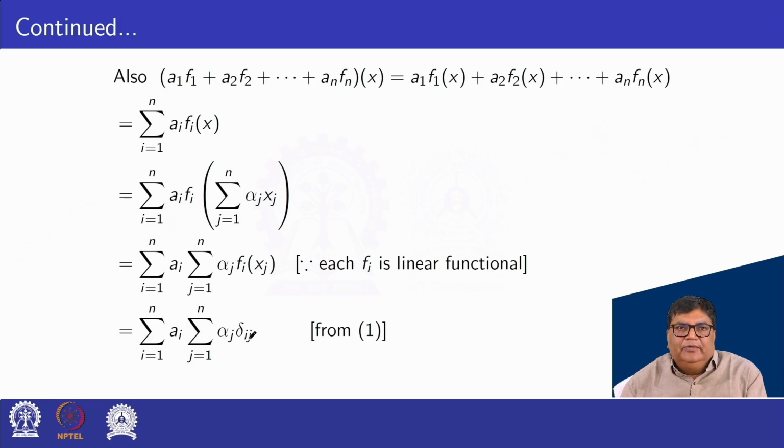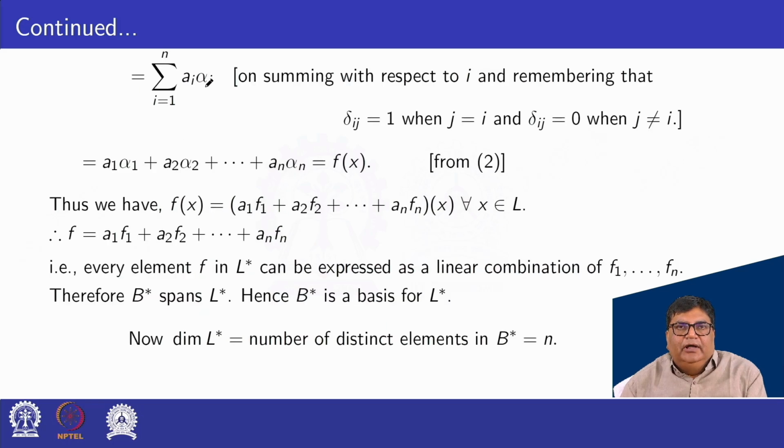Because if i and j are equal, then delta ij is equal to 1, otherwise 0. So if j is equal to i, this is ai alpha i.